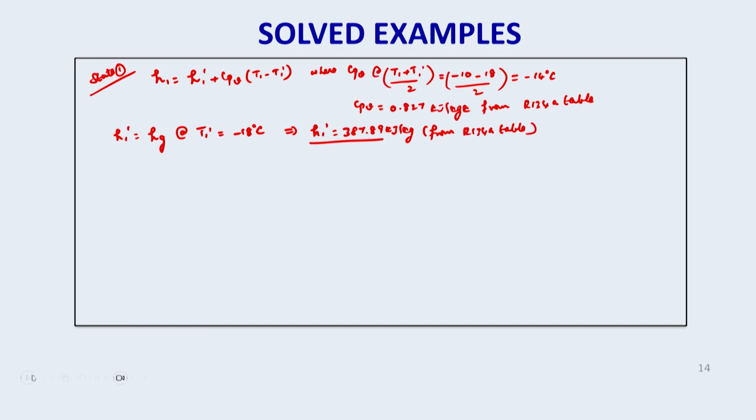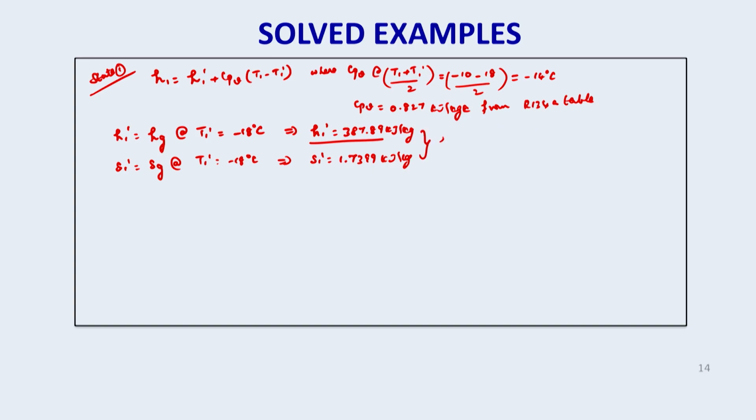Since it is required for further calculations, S1 dash is equal to Sg at T1 dash equal to minus 18 degrees centigrade, that is 1.7399 kilojoule per kg Kelvin.